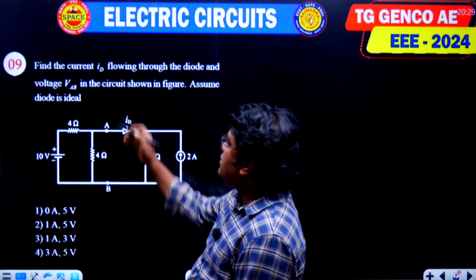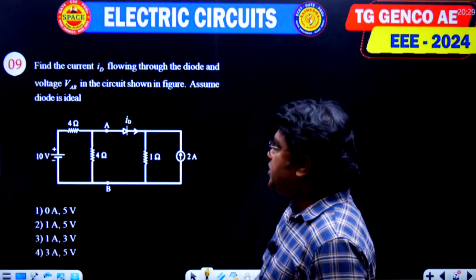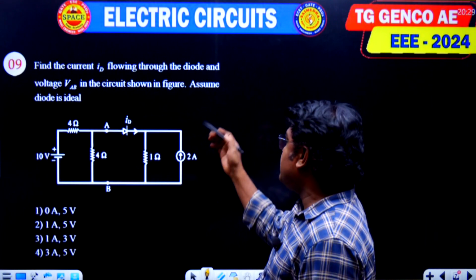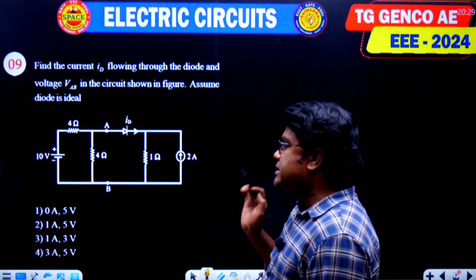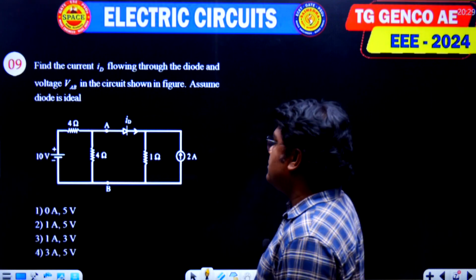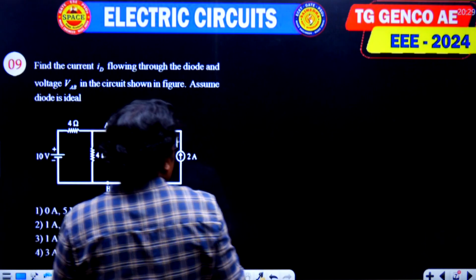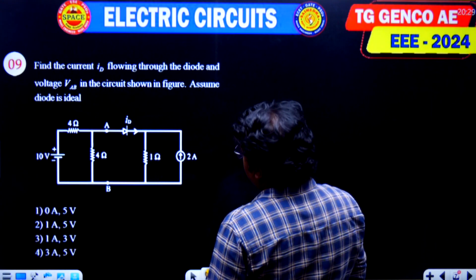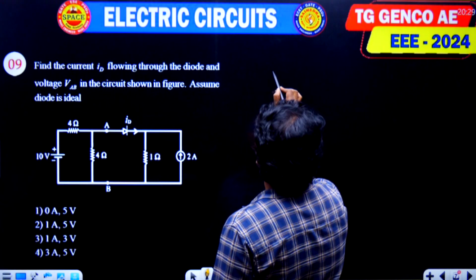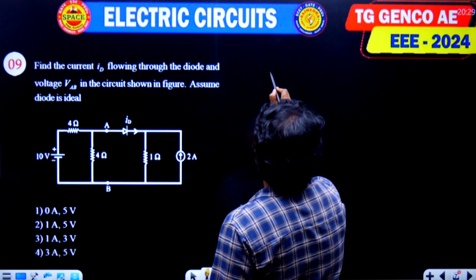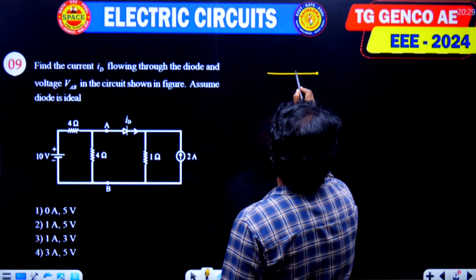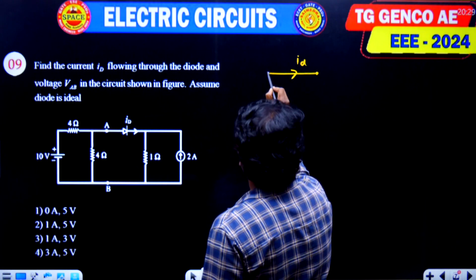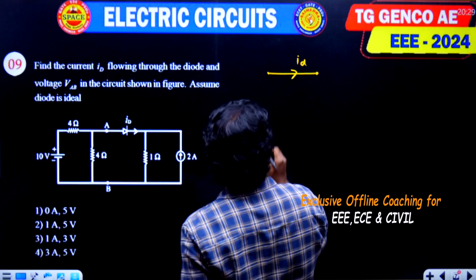The question is: find the current ID flowing through the diode and the voltage VAB in the circuit shown in the figure. Assume the diode is ideal. This is the given circuit. So now we require the diode current. Suppose the diode is conducting, so it acts as a short, and the diode current is ID.